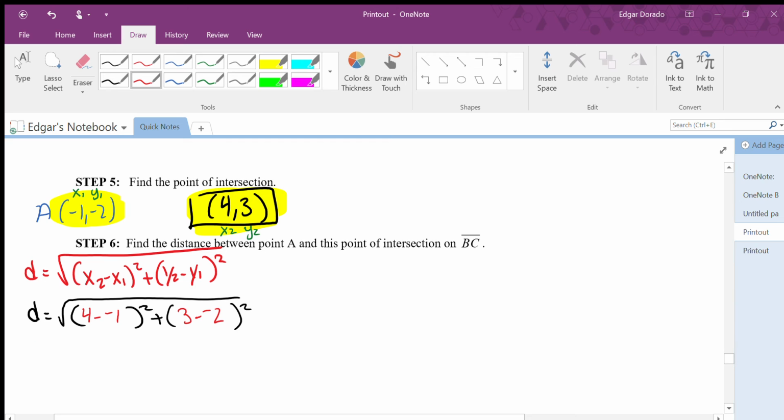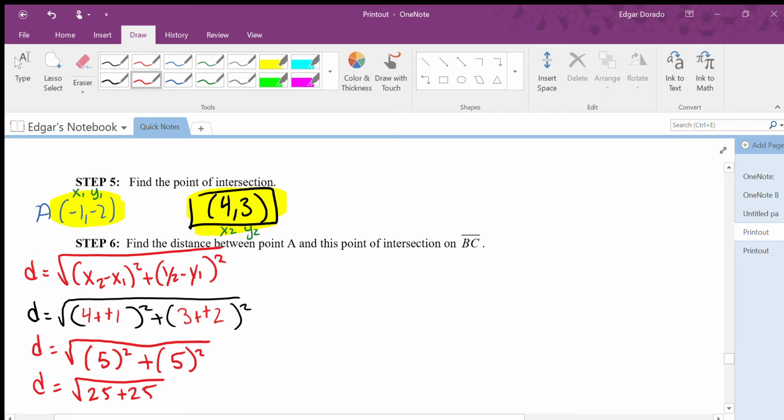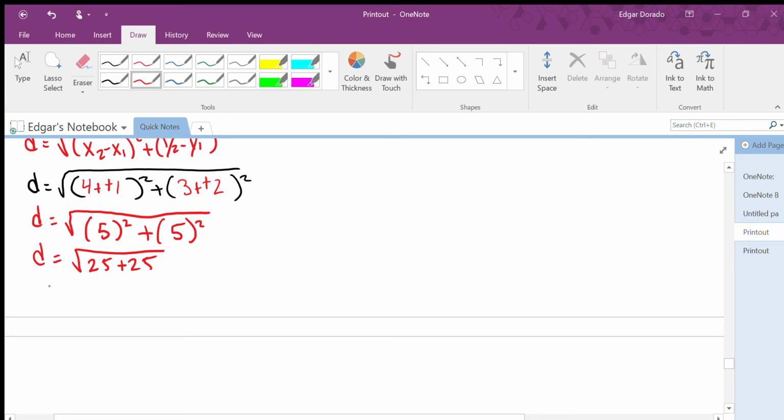This will become 4 minus the -1 is really plus 1. So 5 squared plus 3 minus the -2 is also another plus. This becomes d equals 25 plus 25. And finally, d equals the square root of 50.